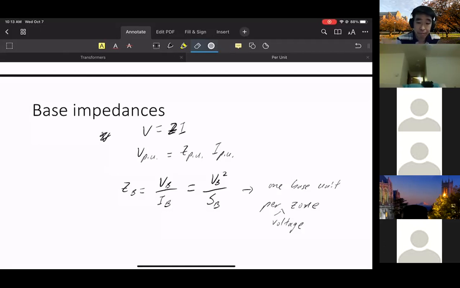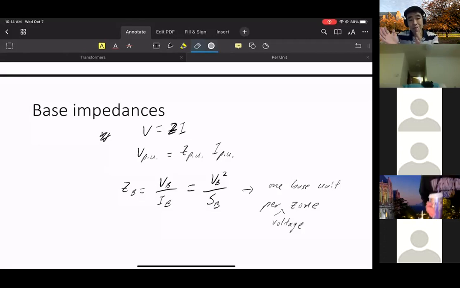So would we choose the transformer that has the greatest nominal power as the base value? No, not really, because the base value is normally chosen to be what the nominal load tends to be. If you look at the chain of transformers, some transformer may have a higher rating than another.